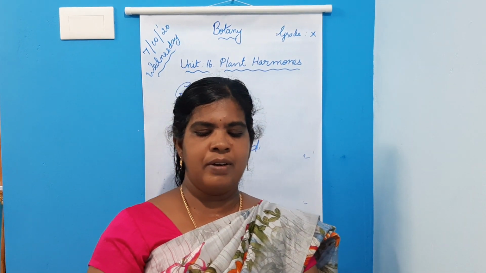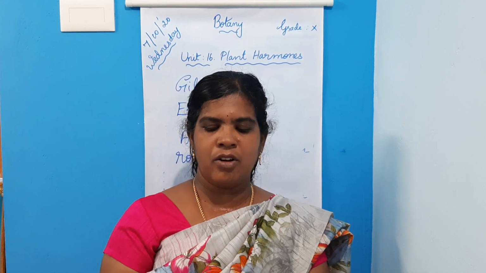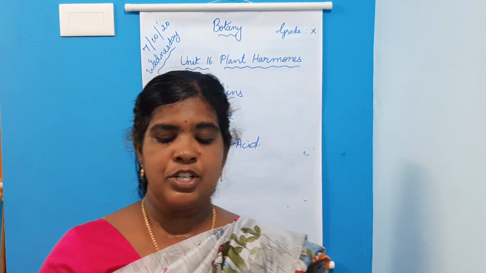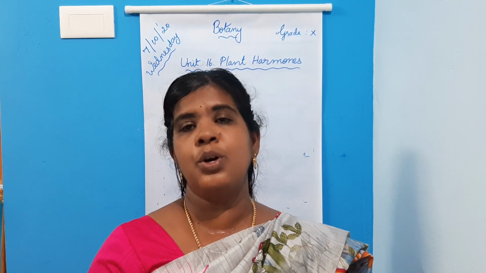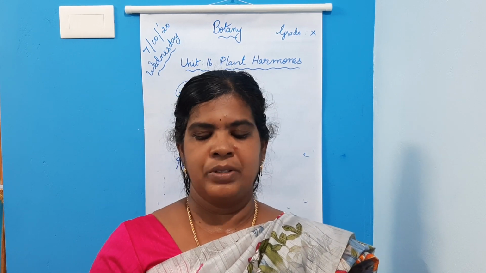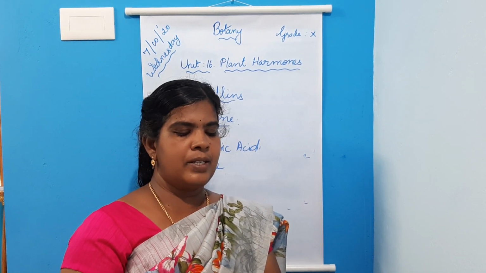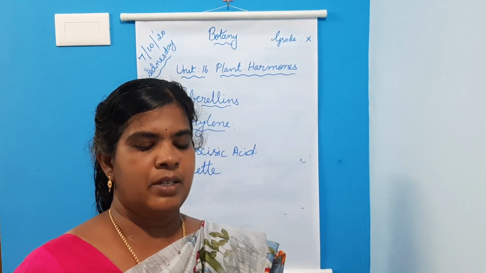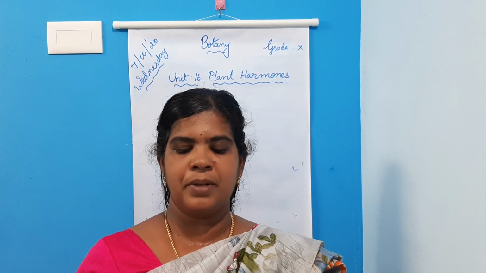Next, Roman number 4. State whether true or false. If false, write the correct statement. First one, a plant hormone concerned with stimulation of cell division and promotion of nutrient mobilization is cytokinin. True. Second one, gibberellins cause parthenocarpy in tomato.